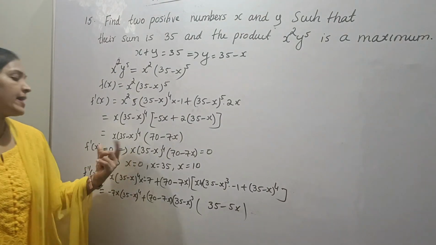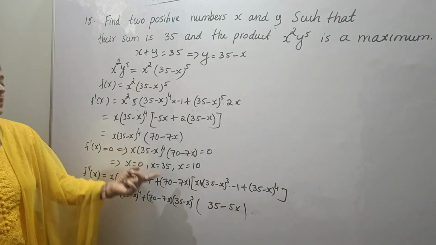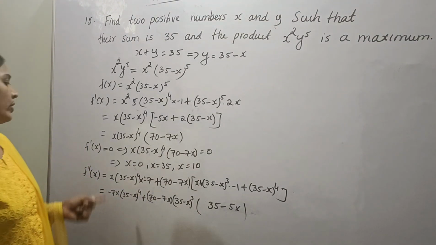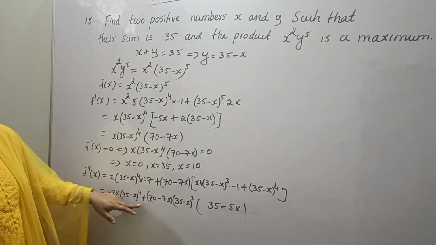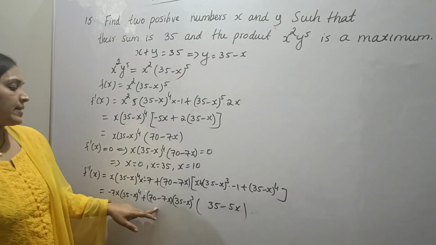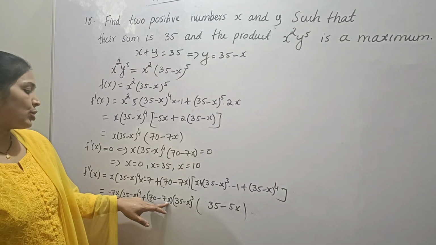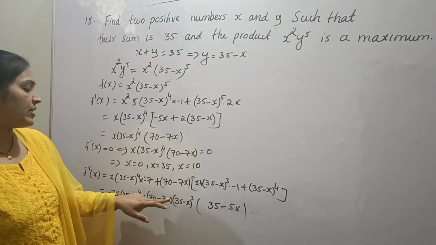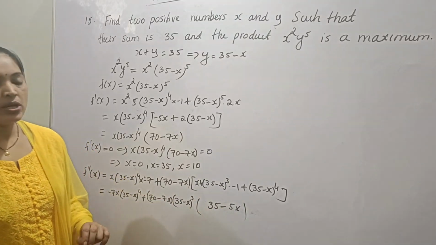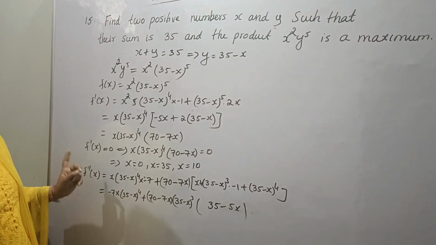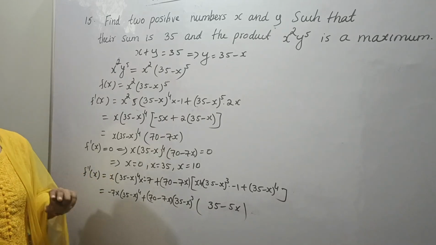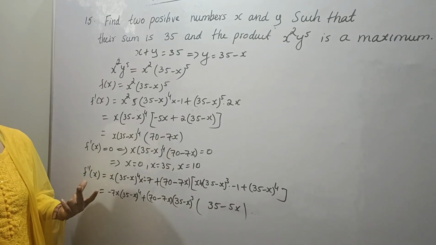So here what are our points? X is equal to 0, x is equal to 35, x is equal to 10. Okay, see first of all let's substitute x is equal to 0. If we substitute x is equal to 0, the first term will be 0, and in the second term we will get 70, then 35 cube and 35. So when we substitute x is equal to 0, f double dash of 0 will be greater than 0, right?